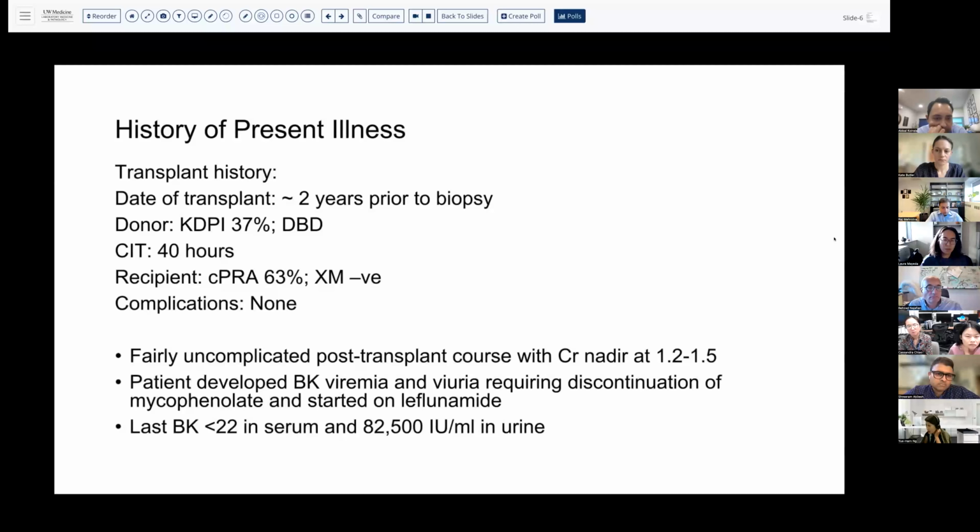Essentially no complications after transplant. The kidney worked immediately. The only thing she did have was a little bit of BK viremia and viruria, for which we stopped her mycophenolate and started her on leflunomide. Her last serum BK was fairly low level at less than 22, and also very low levels of BK viruria at 82,000 copies.